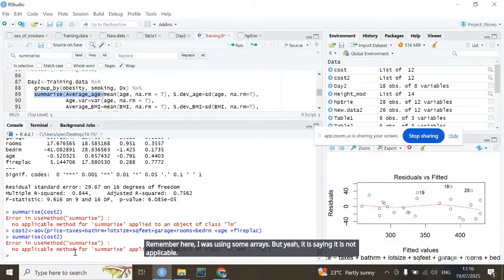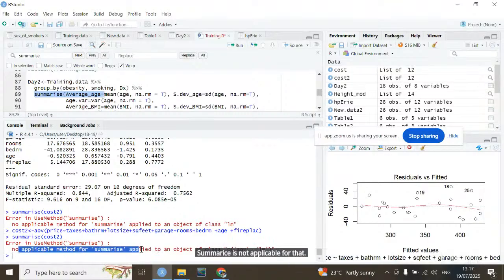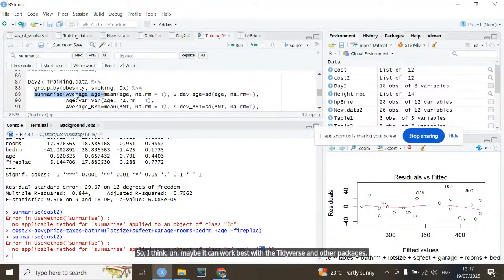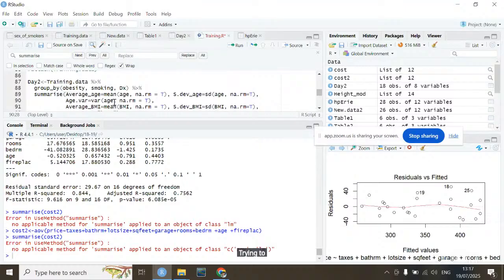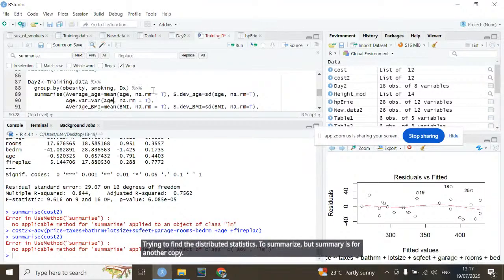Summarize is not applicable for the class AOV or LM commands. So I think maybe it can work best with the tidyverse and other packages. I think so too, because here you are summarizing descriptive statistics. So that's what I want to differentiate, that you are trying to find the descriptive statistics to use summarize, but summary is for another. Yes, thank you.